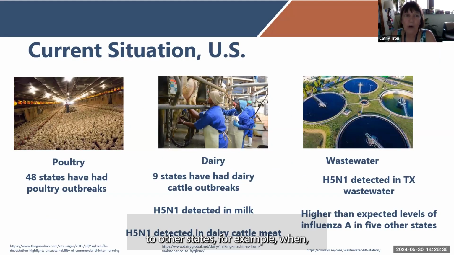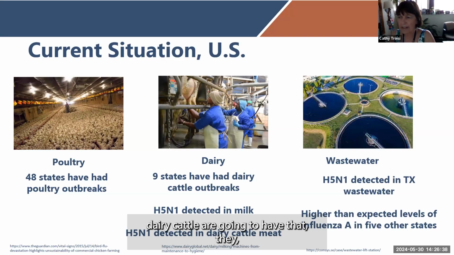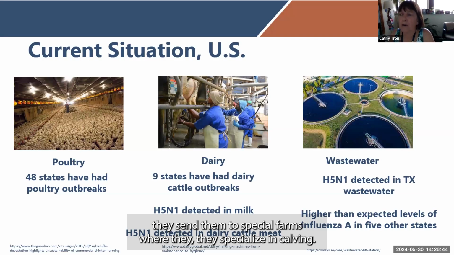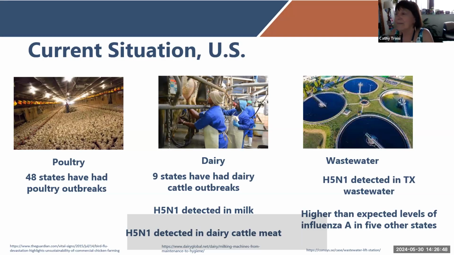For example, when dairy cattle are going to calve, they send them to special farms where they specialize in calving. So with the transfer of cattle, these states also had outbreaks.